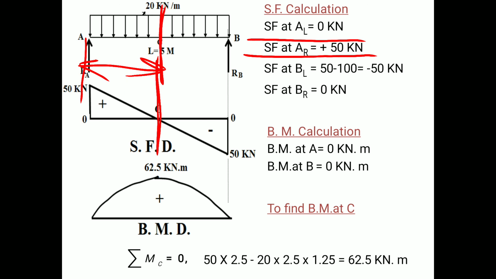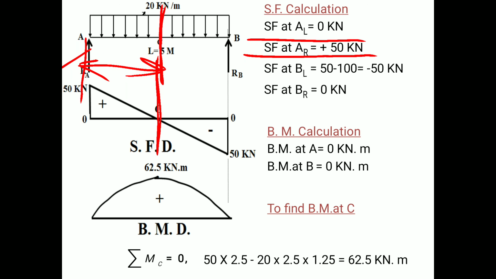So this reaction will produce the turning effect about point C, and it is 2.5 into 50, minus this 20 kilonewton UDL will try to hog the beam, therefore considered negative, and we convert it into a point load. Therefore, 20 into 2.5 into half of the distance, 1.25. So it will become 62.5 kilonewton meter.